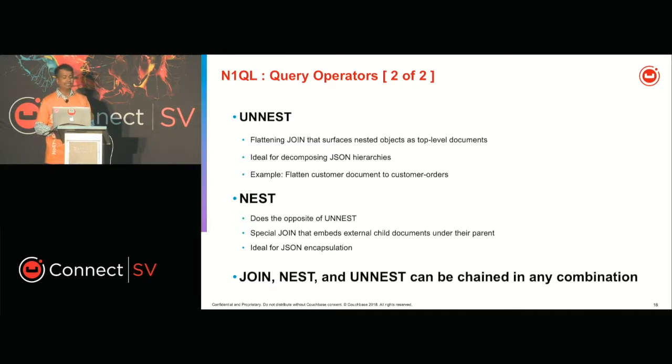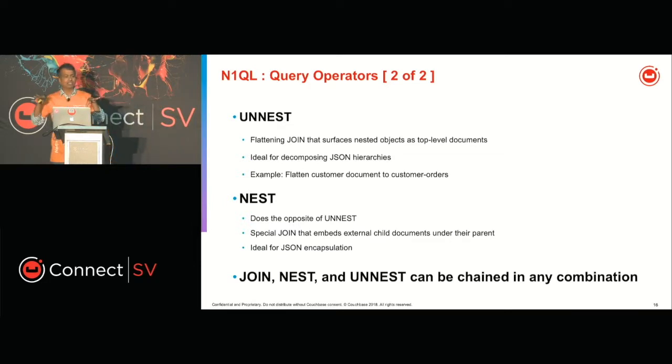Unnest and nest are opposite of each other. Unnest flattens the surface area. That means if you have a customer with 3 hobbies and you want to flatten the hobbies, you get 3 documents: customer and hobby 1, customer and hobby 2, customer and hobby 3. I'll show the example in a moment. And nest does the opposite of it.